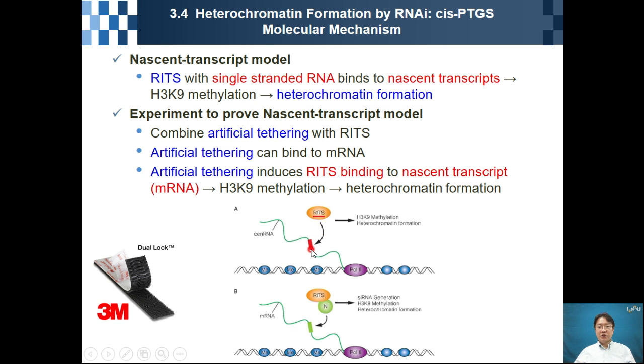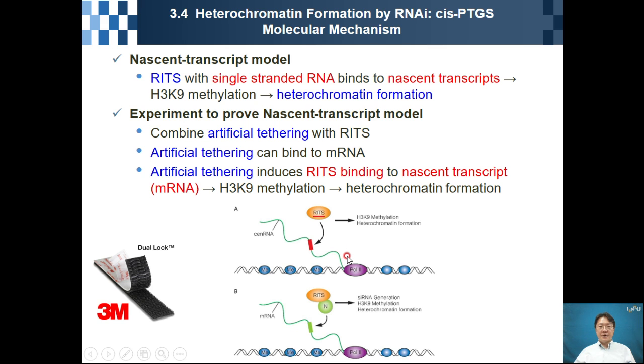After that, it induces methylation here, and finally it makes the heterochromatin formation here. I briefly summarized the RNAi dependent heterochromatin formation. This model, we call the nascent transcript model.